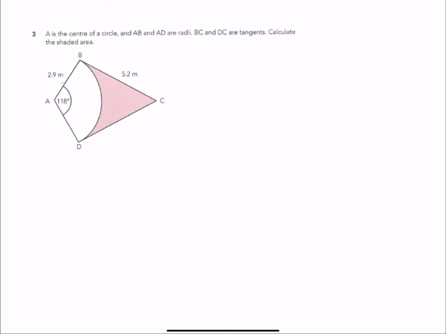So, area of a sector is theta over 360 times pi r squared. So our theta is 118 over 360 times pi times 2.9 squared. Quickly on the calculator.